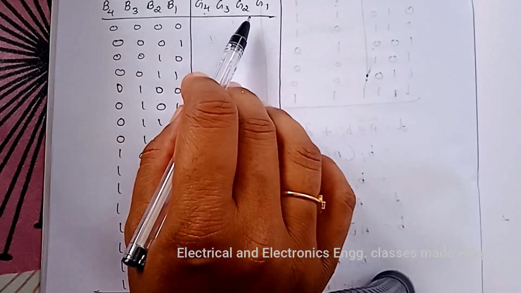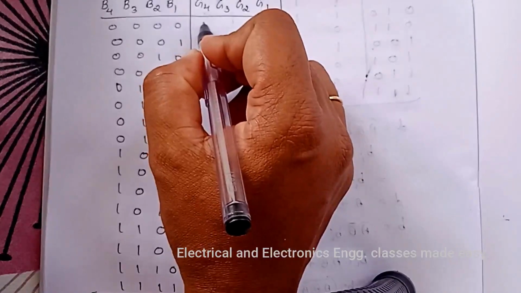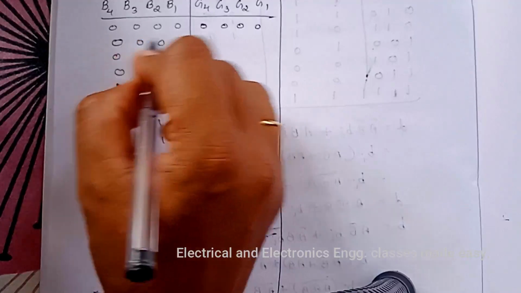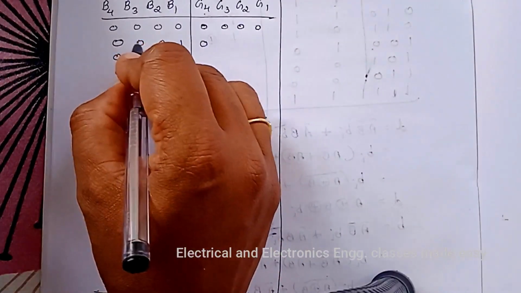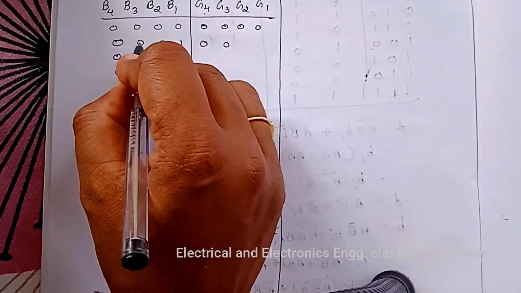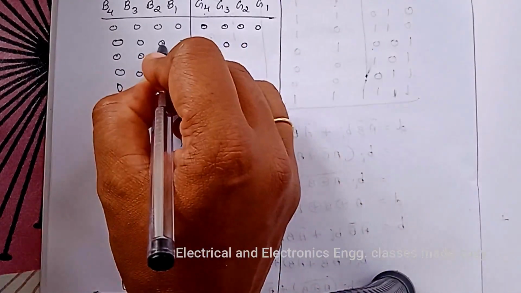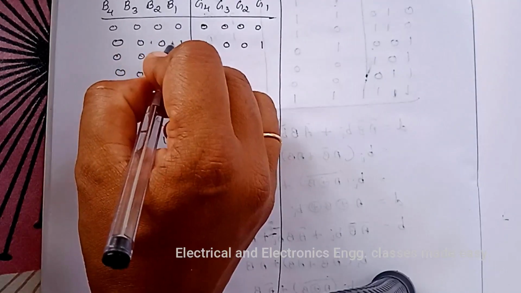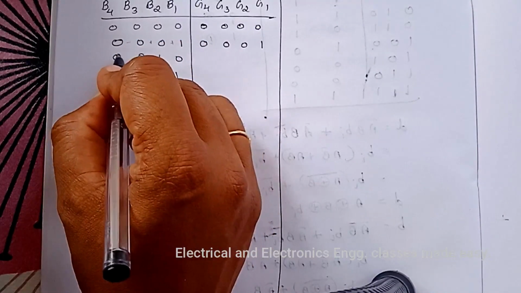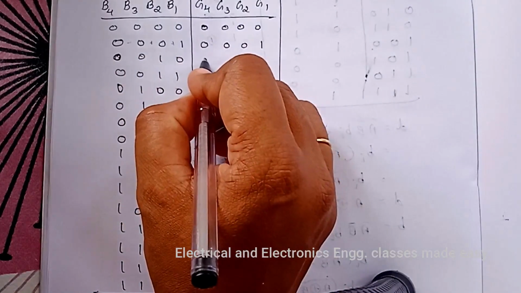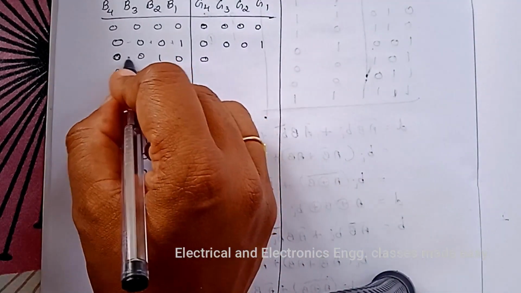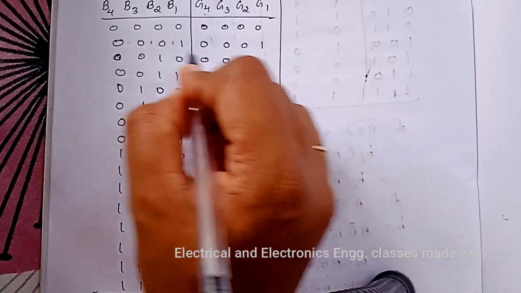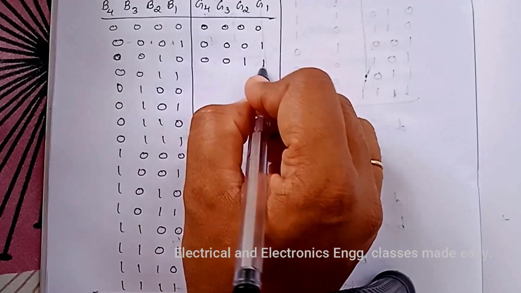Binary to gray code conversion we have already studied. So write the first MSB as it is, then 0 plus 0 is 0, 0 plus 1 is 1, 1 plus 0 is 1. In this way we add adjacent bits.